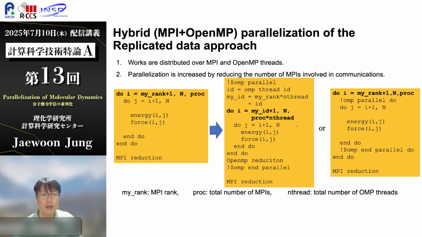But you can generate a new ID by combining the rank number and the thread number.